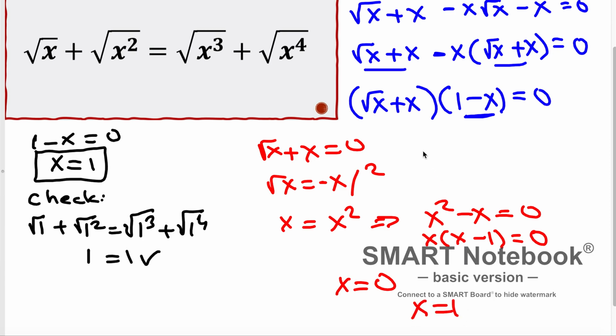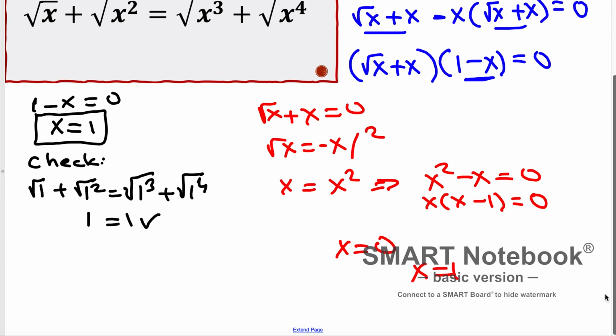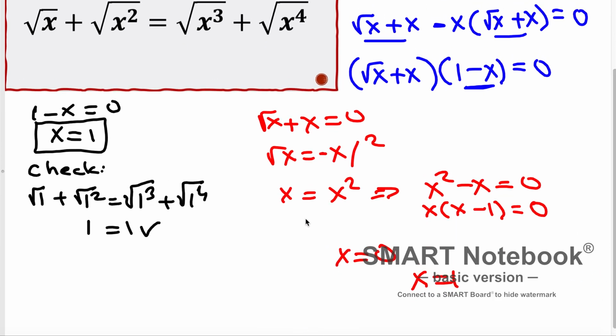But now let's check these in the equation we wrote in red. Taking x equal to 1, square root of 1 plus 1 is equal to 0? This doesn't hold, so this one is not correct.